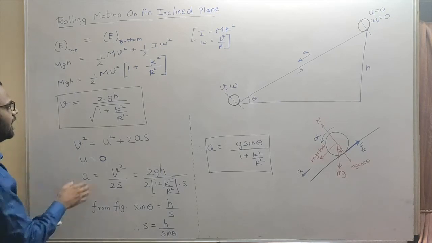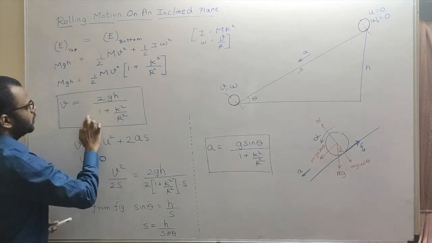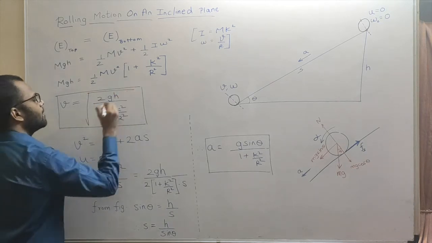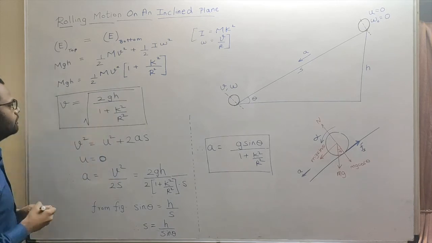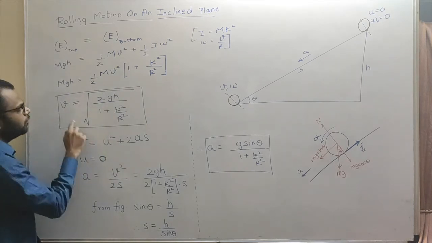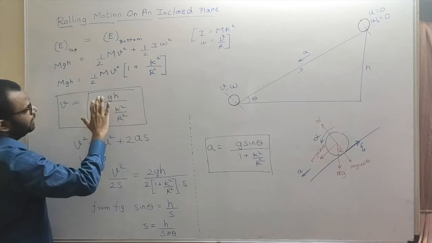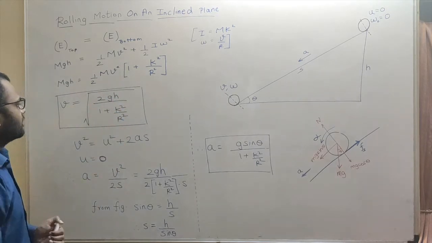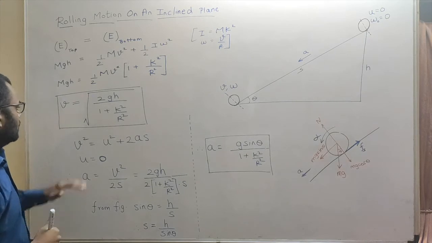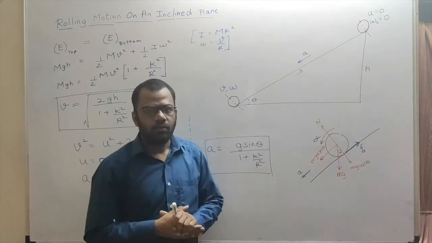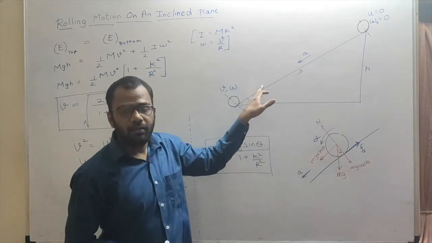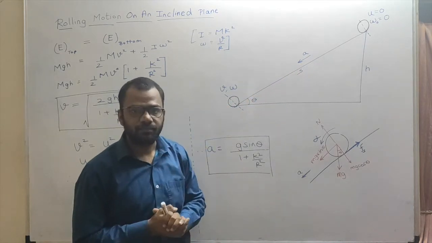Now look here, I have made a mistake over here. The square root sign should cover the whole expression. So v comes out to be equal to the square root of 2gh upon 1 plus k square upon r square. This is the final velocity that we have got. Now we want the linear acceleration.